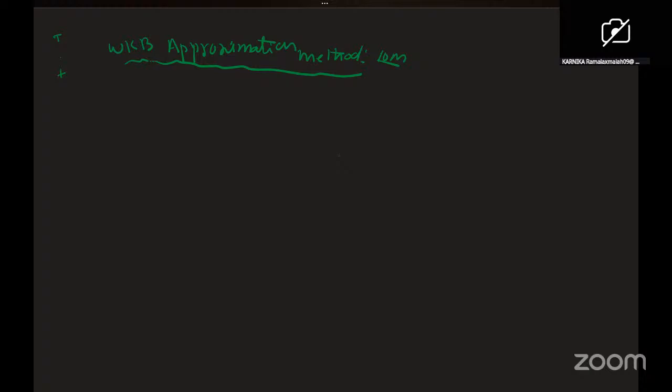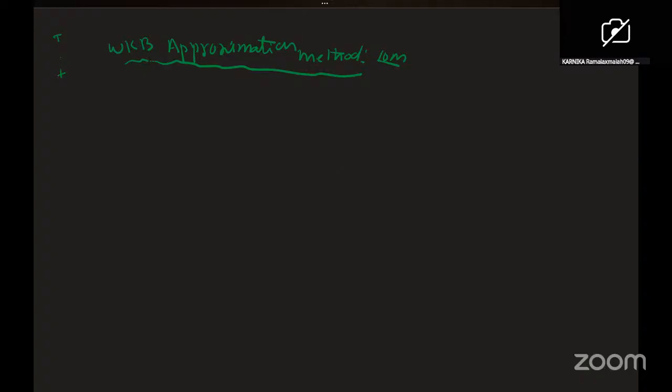WKB means Wentzel, Kramers, and Brillouin. That is the WKB approximation method.